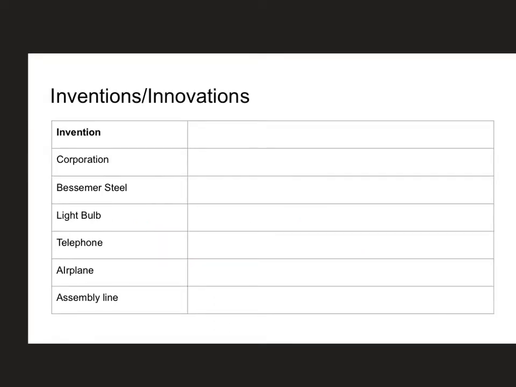Okay. Inventions and innovations that helped us move from an agrarian farming society into more of an industrialized nation. The first is this idea of a corporation. A corporation is when you have a group of people that run the company, or a group of people come together. And this was important because it limited liability.